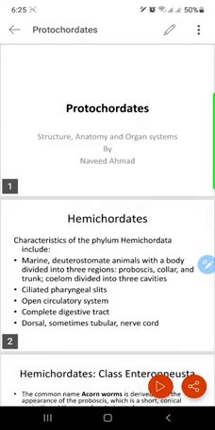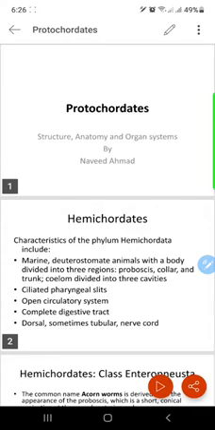These are the animals in which, during development, the anal opening is made by the blastopore. That is the very specific characteristic of the deuterostomes, and they have a hollow nerve cord. In contrast to the deuterostomes, the other group is the protostomes, which you have already discussed in your previous semesters.